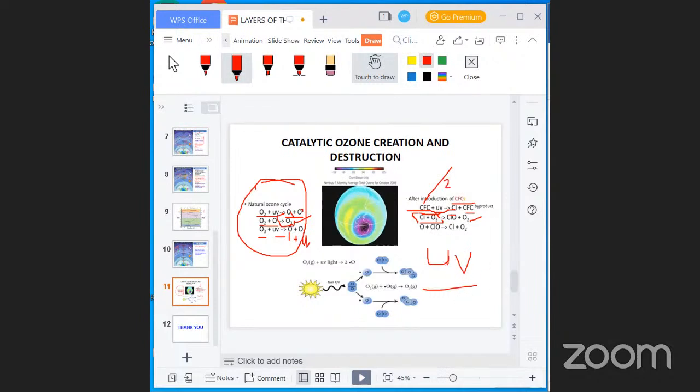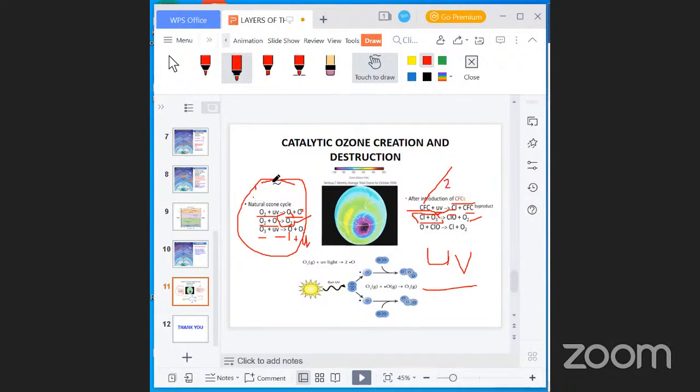And that ultraviolet radiation is harmful for human beings and animal life on the Earth's surface. So this is the whole idea of ozone depletion and ozone sustenance or destruction, right?